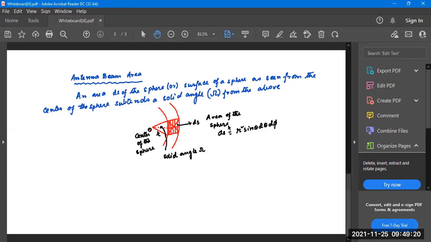We talked about antenna beam area. In that we write that an area dS of the surface of the sphere, seen from the center of the sphere, subtends a solid angle. And we talked about what we mean by solid angle. I think nobody has a problem with this. Anybody has a problem?